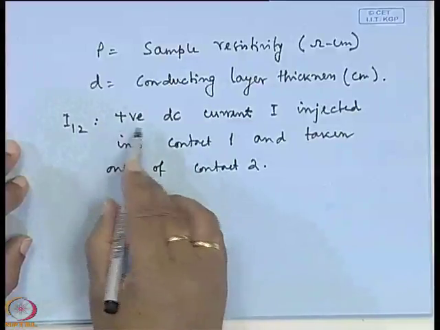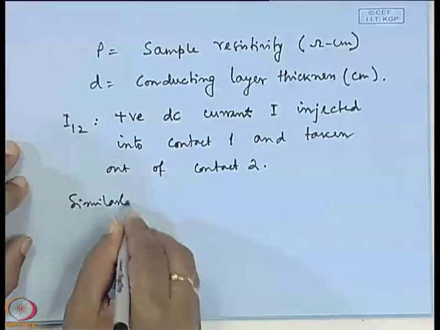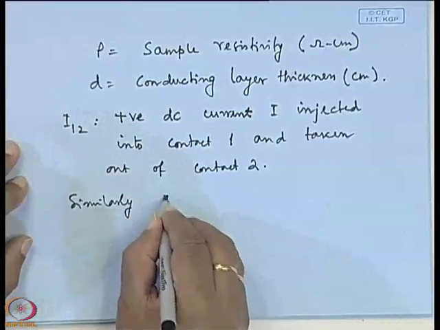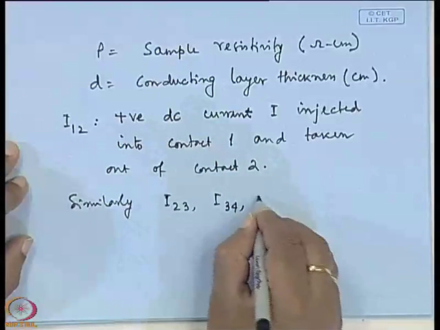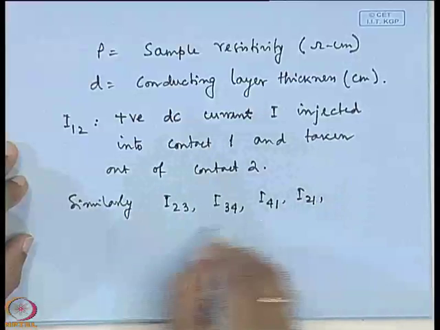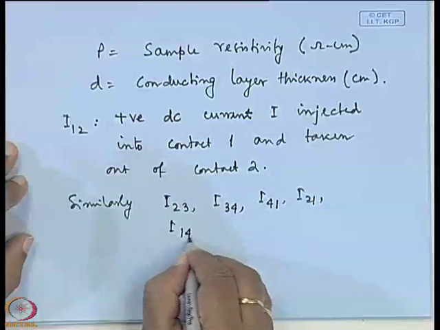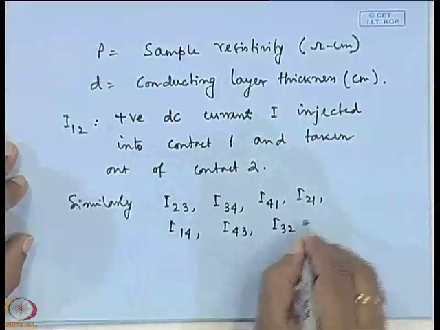So, I12 is the positive DC current. Similarly, I23, I34, I41, I21, I14, I43 and I32, all in ampere.